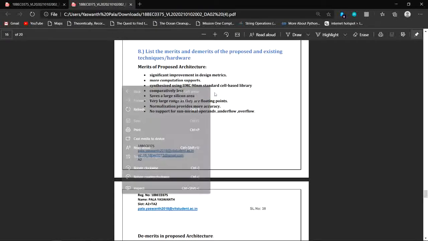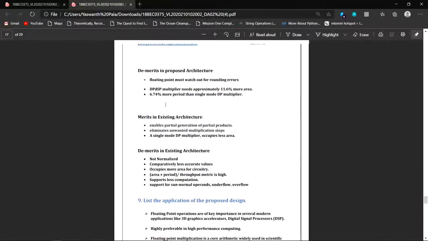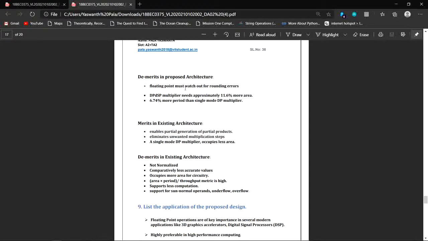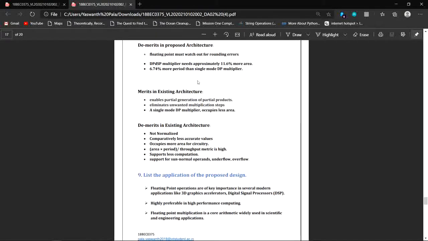I have clearly mentioned that up here. And of course it also has some demerits, and there are merits in the existing architecture which are not present in the proposed architecture. But comparatively the proposed architecture has better advantages and better features.